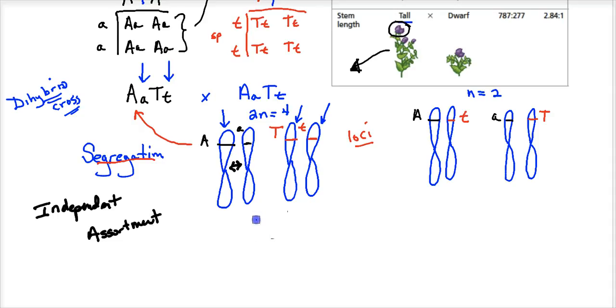What's another possibility? How about outside, inside, or the first and third? That would give me this pair of gametes. Remember, either one of these possibilities is a complete chance, equal chance here.